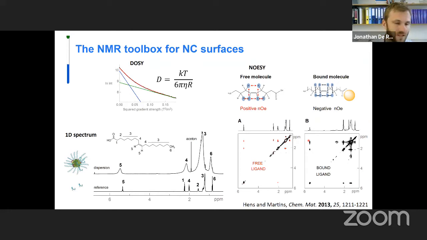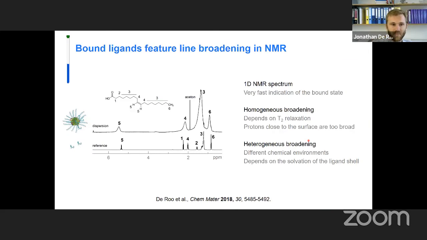Let's start with the 1D spectrum. And with this very fundamental question: why are these ligand resonances broadened? So we know that when ligands are free, they have these sharp resonances with fine structure.